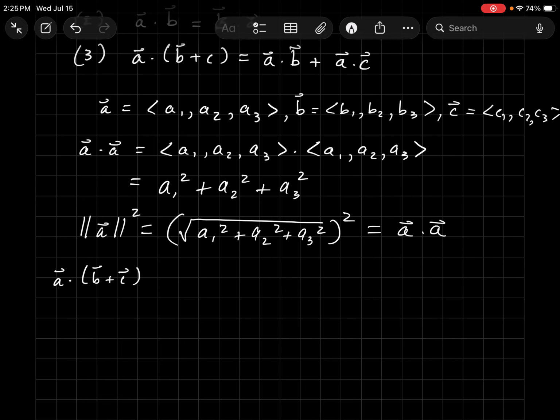I'm going to start inside the parentheses. So we're going to have A dot, and then B plus C says, let's add the like components of B and C. So I get B1 plus C1, comma, B2 plus C2, comma, B3 plus C3. That's how we add vectors together.